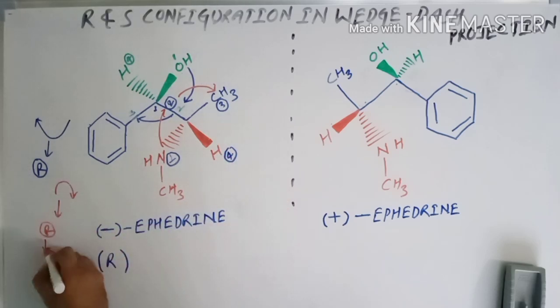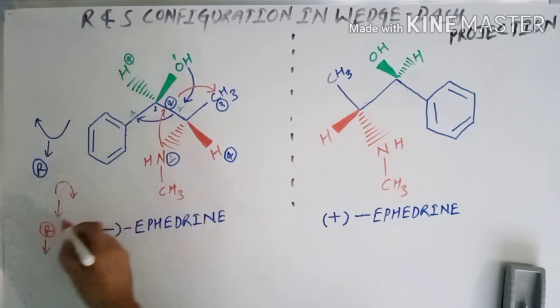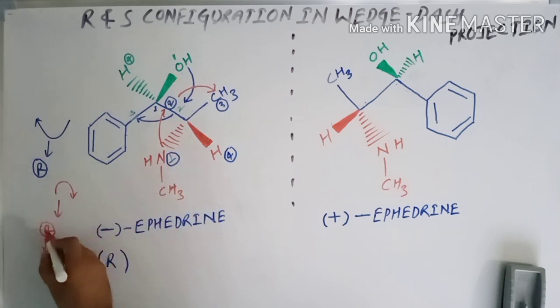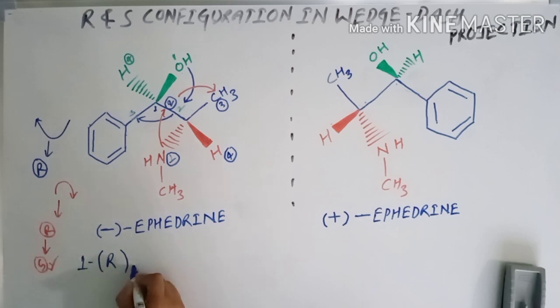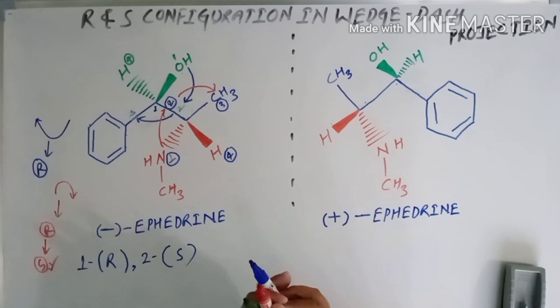So the configuration of this chiral carbon changes from R to S. This is the final configuration. So the first carbon has R configuration, whereas the second carbon has S configuration.